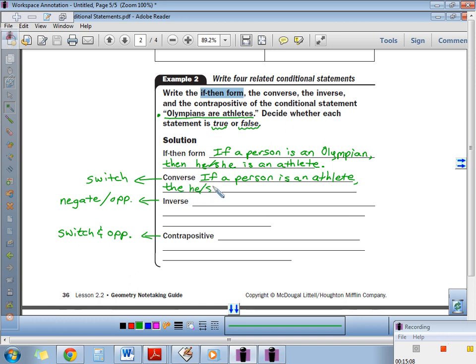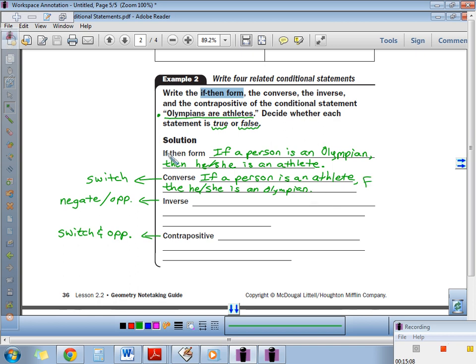Then he or she is an Olympian. And that's a good answer. Now, is that true? Are all athletes Olympians? No, that's a false one.